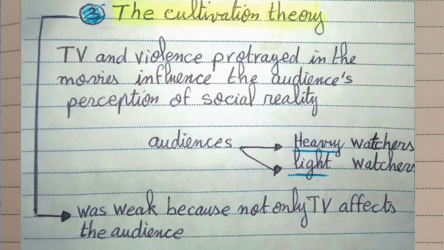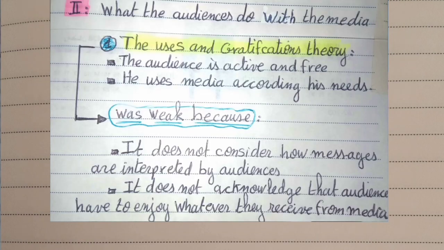Now let's see the second category of theories. Theories that focus on what the audience do with the media. Uses and gratification theory. This theory claimed that audiences use certain kinds of media to satisfy specific needs.